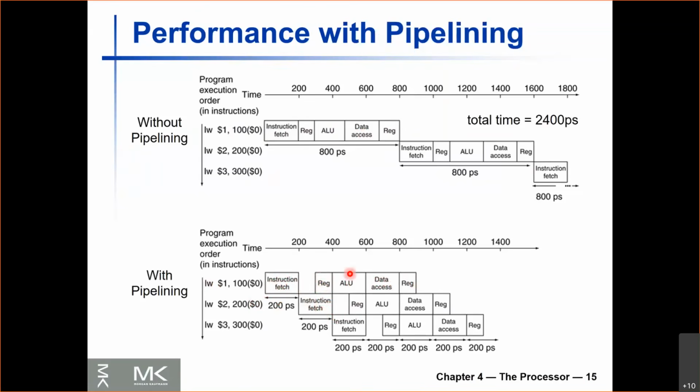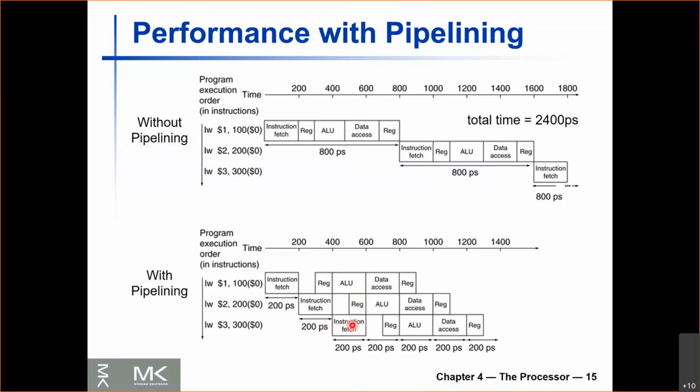On the third cycle, as soon as the first instruction is done decoding, it can use the ALU. During this time, the second instruction can read from the register file, and the third instruction can do the instruction fetch.